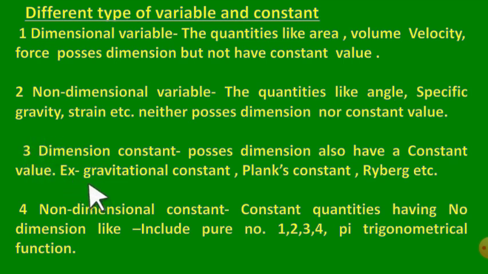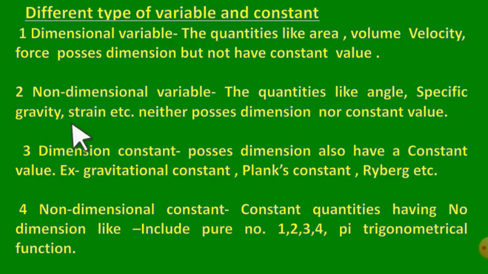We define specific gravity as the mass of that particular body divided by the mass of an equal volume of water. The numerator is the mass of the body, the denominator is the mass of water of equal volume. If you divide mass by mass, there will be no unit at all.